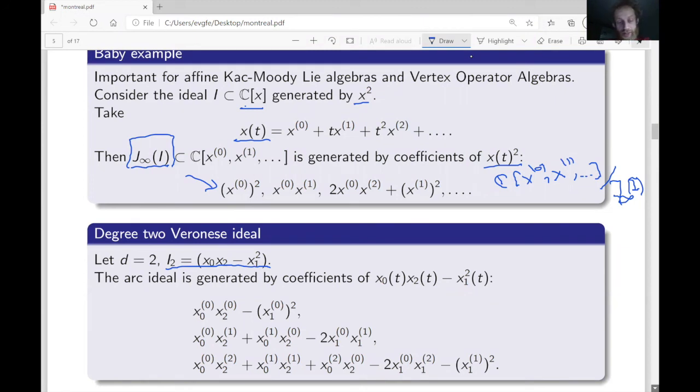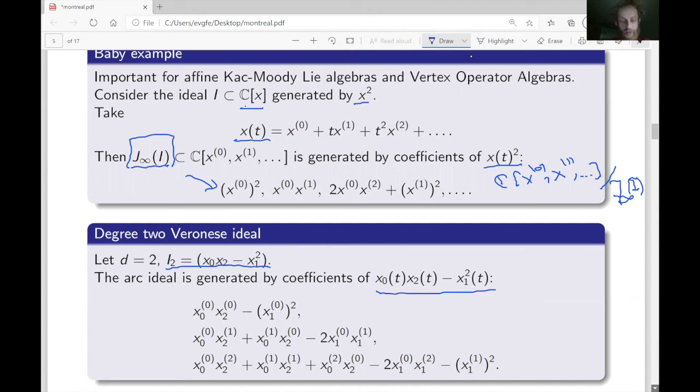Instead of considering this binomial, we consider the series: x0(t) times x2(t) minus x1(t) squared. So this is a series in t. Our recipe says that we have to expand it, and the expansion gives us an infinite number of coefficients.